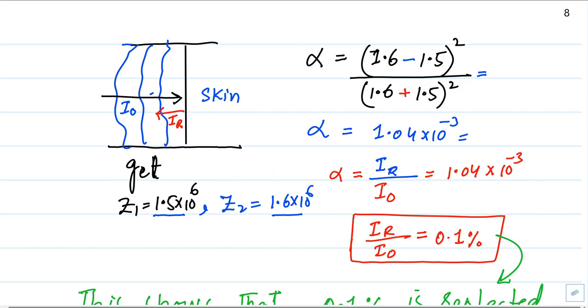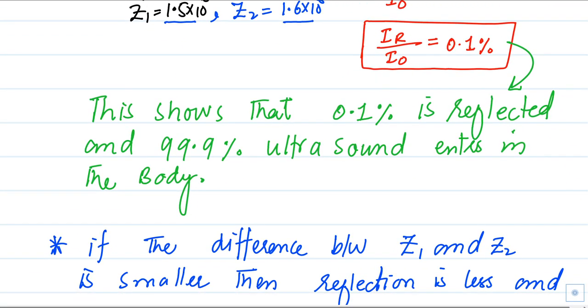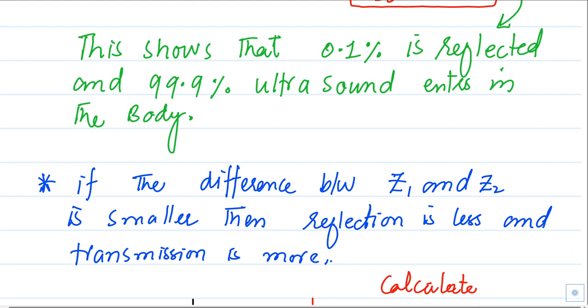Now I want to find out the alpha for both of them. So alpha is almost 1.0 into 10 raised power minus 3, meaning 0.1% of the ultrasound has been reflected back, not even 1%. So most of the ultrasound has entered the body. This is what I required: most of the ultrasound should enter the body and very little should be reflected back.